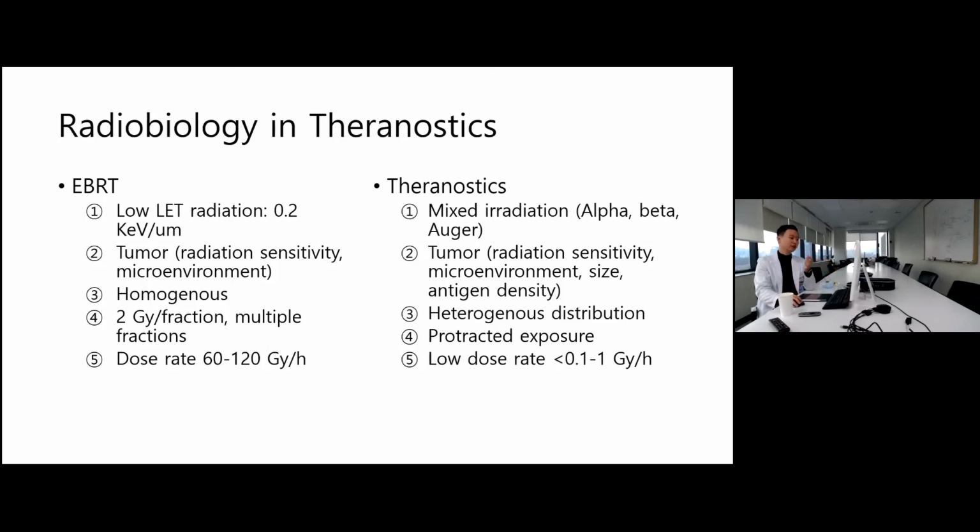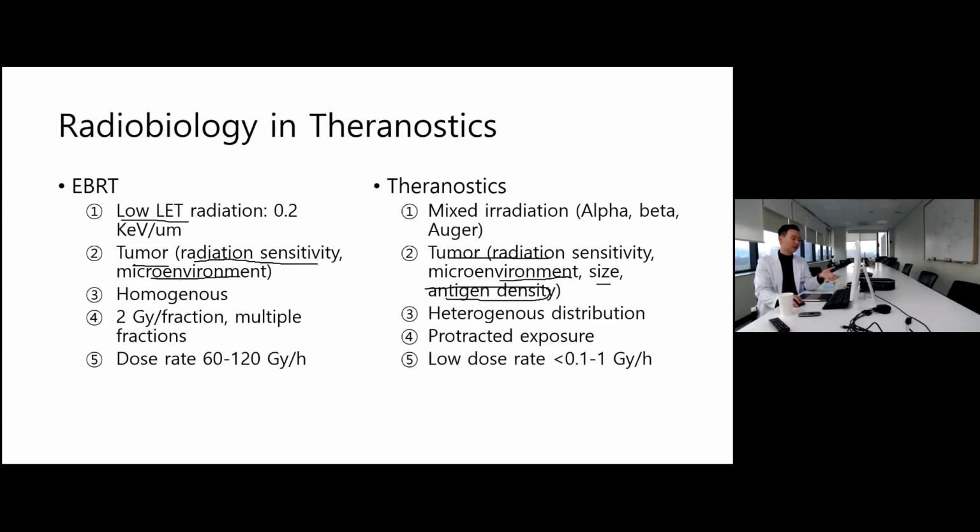As you know, EBRT uses low LET, and for the tumor it only needs to be concerned about radiation sensitivity and microenvironment. However, in theranostics, we use different particles, like alpha, beta, and Auger particles, for therapy. And for the tumor, we need to consider not only radiation sensitivity and the microenvironment, but also antigen density and the size of the tumors.